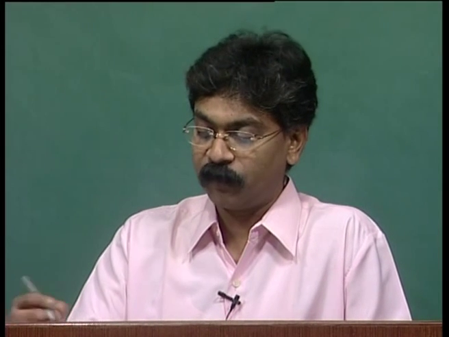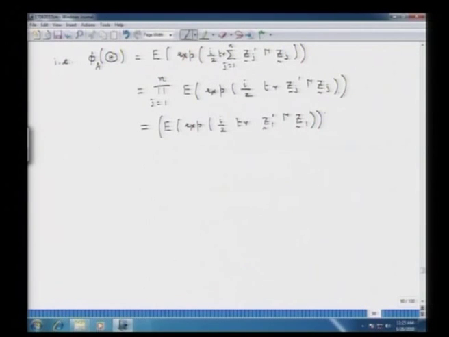Why is that so? Because the Zj's are IID random variables, and hence this expression would just be raised to the power n, nothing else. Now, we have to evaluate this particular expression.